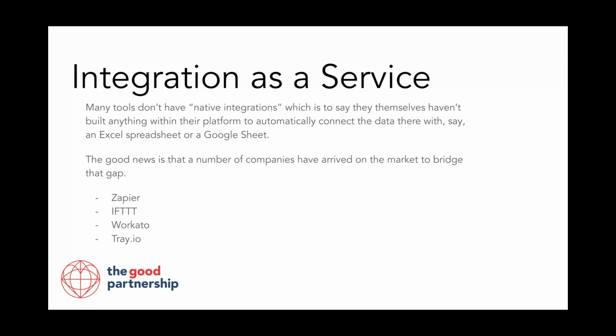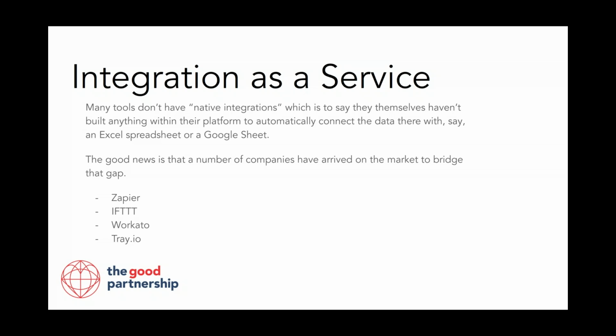Many tools don't have what's called a native integration, which is to say that they themselves haven't built anything within their platform to automatically connect the data there with, say, an Excel spreadsheet or a Google Sheet. But the great news is that there's now this drive towards integration as a service. So there are tools that are specifically designed to serve as the waiter between, for example, your email marketing tool and your volunteer management tool.